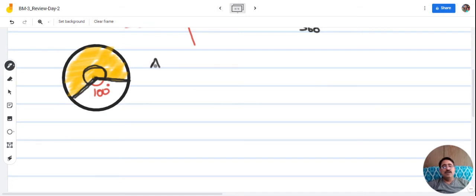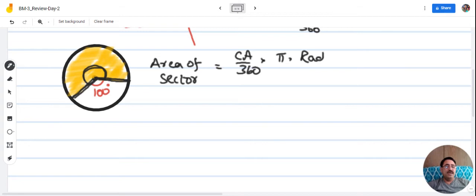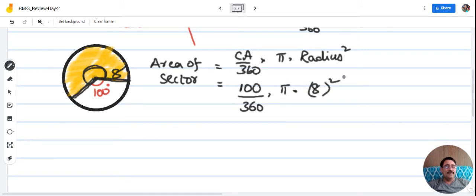Let me write that the area of a sector equals central angle over 360 times pi times radius squared. Most students will take the central angle as 100 over 360 times pi, let's say the radius is 8 inches, so 8 squared.